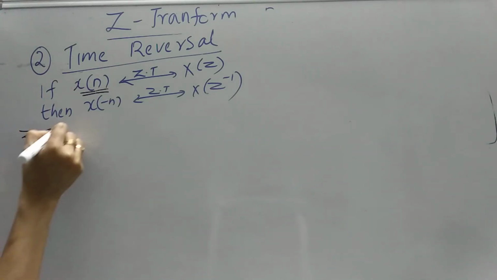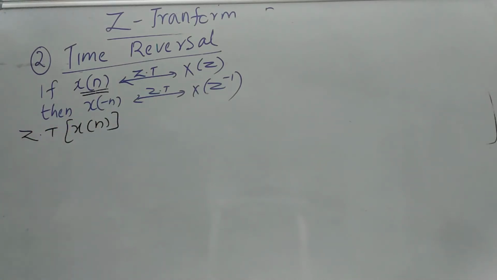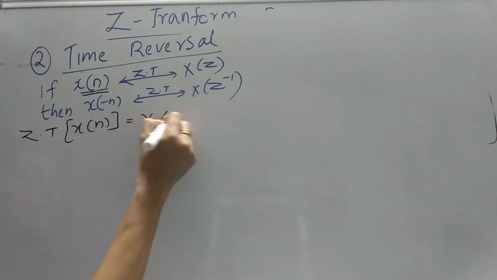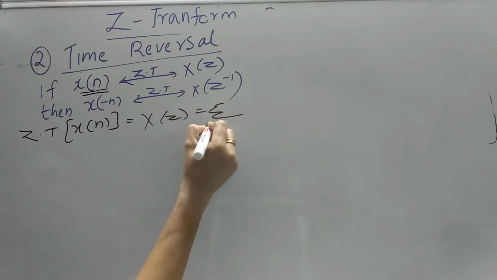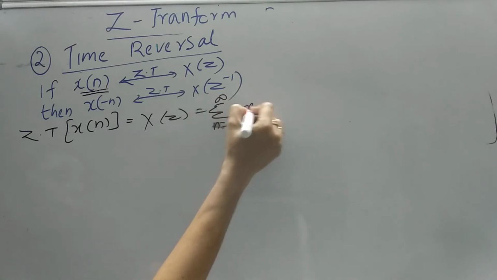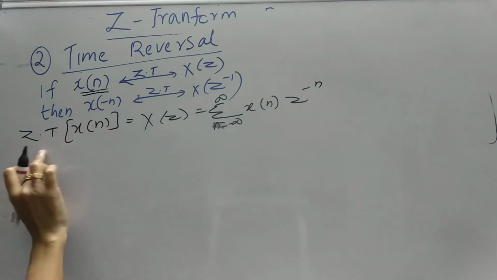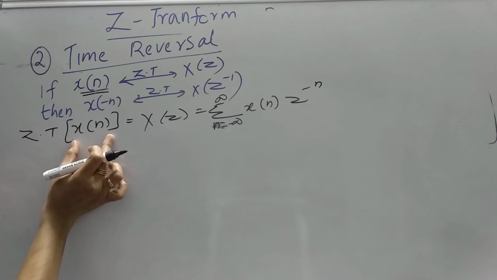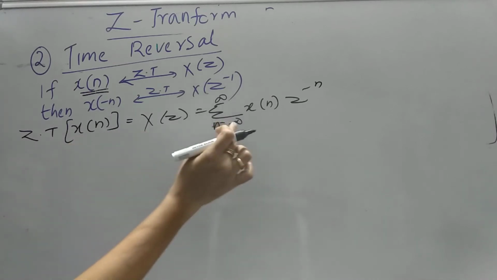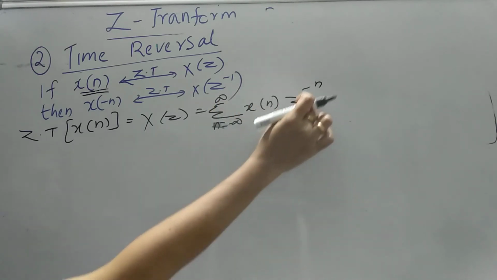The z transform of x of n is written as X of z equal to sigma n equal to minus infinity to plus infinity x of n z raised to minus n.